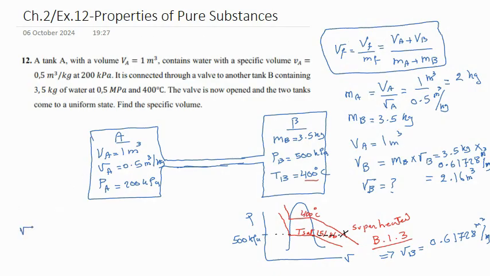So specific volume final is volume of A plus volume of B before the valve is open, dividing this by the total mass, the mass of A is 2 kilograms and the mass of tank B is 3.5. So the final specific volume is calculated as 0.57 meter cube per kilogram.